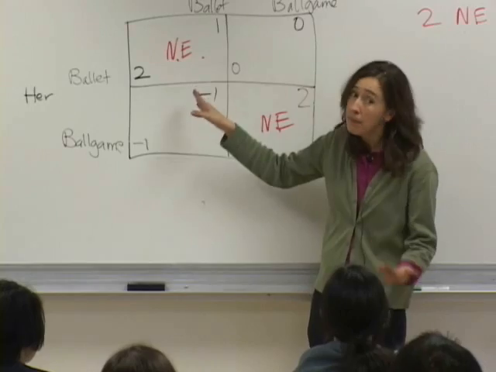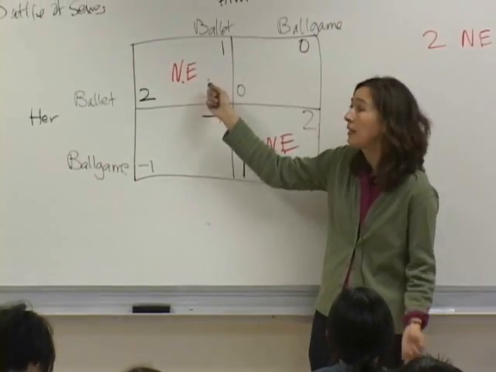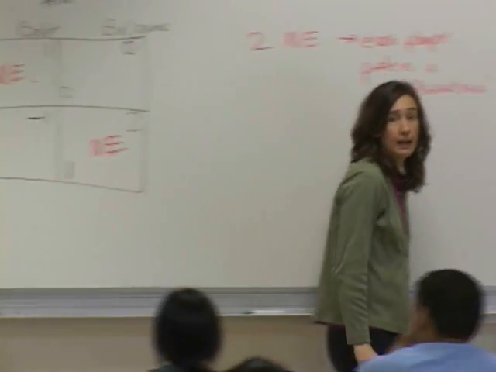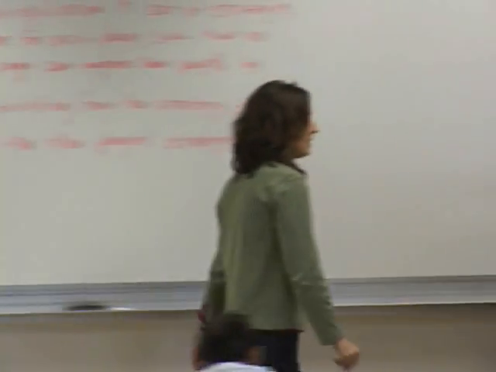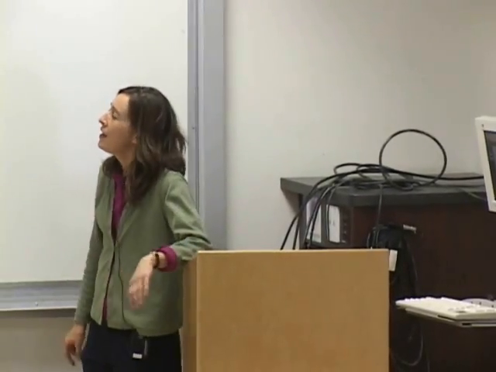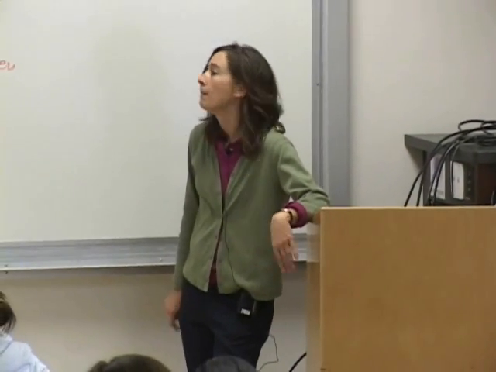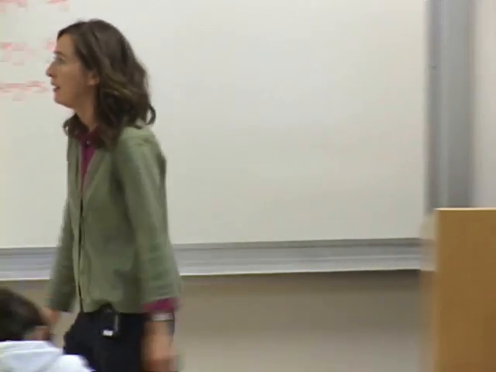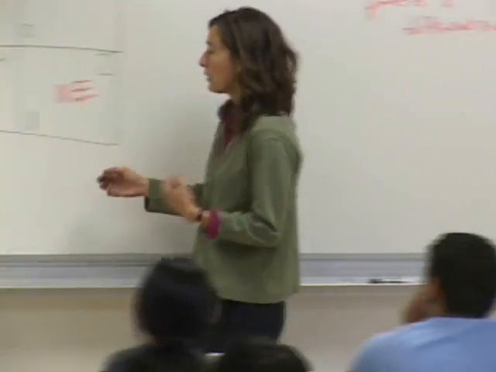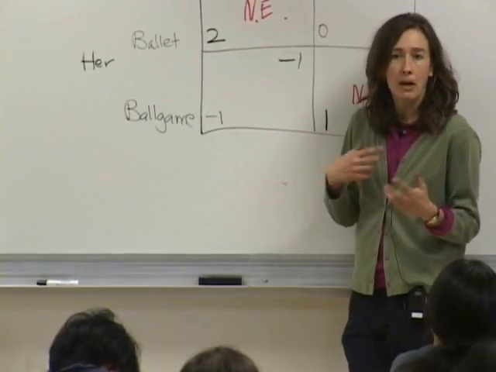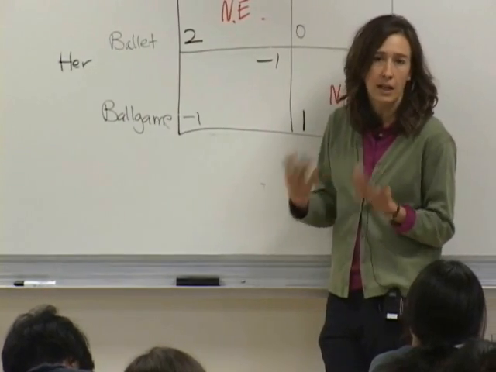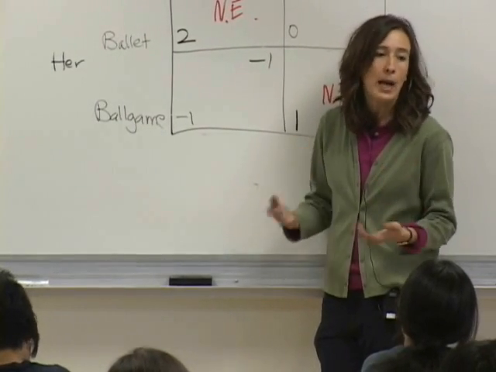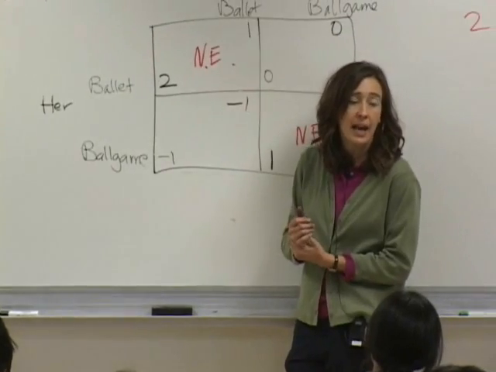Game theory by itself is not going to tell us which equilibrium we're going to be at. Maybe that's a little too strong. This game by itself is not going to tell us which equilibrium we're going to be at. If you think about strategy during the primary season, there's a lot of strategizing about trying to control expectations, a lot of the rhetoric about bandwagoning and momentum and things like that.